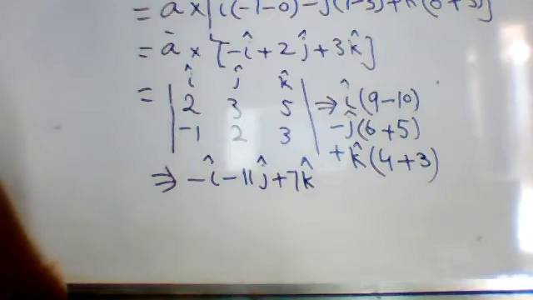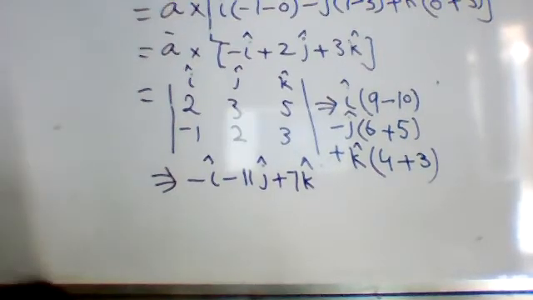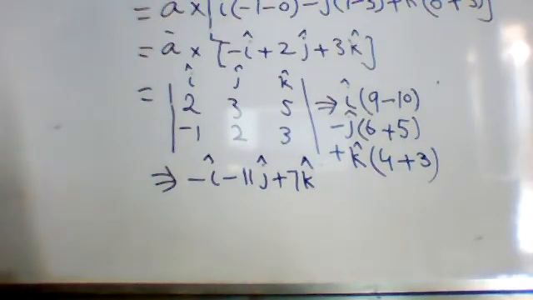Don't leave it without anything. We do not read "into." Vector A into vector B is wrong. We will write vector A dot vector B or vector A cross vector B, not into. Into is used between scalars, or between a scalar and a vector. If one quantity is a scalar and one is a vector and we are multiplying, then we can say into.